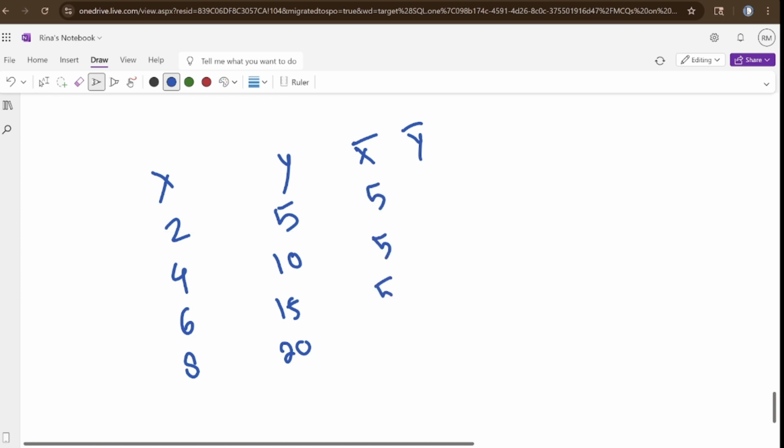Now for y, 5 plus 10 plus 15 plus 20, which is 50, divided by 4. That is 12.5.